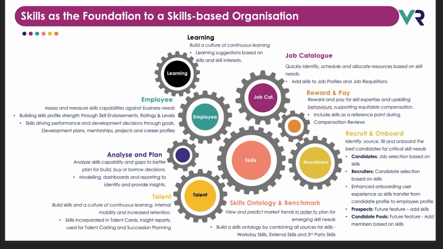A good example of that might be recruitment and onboarding, which are really focused on the skills that an employee has. They might want to prioritize skill levels. They might want to prioritize verification, validation that you actually have a skill. Whereas learning, for example, don't particularly care about that. They want to know what skills you want to develop, what you want to target your skills development at and how you want to do that.